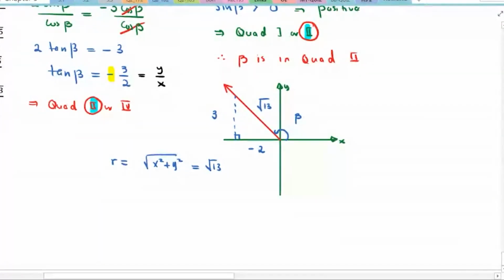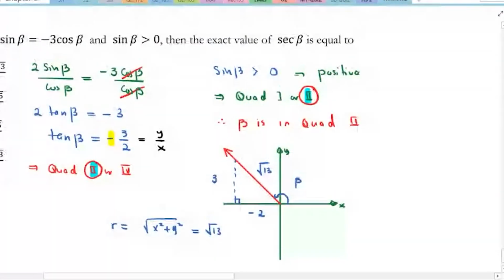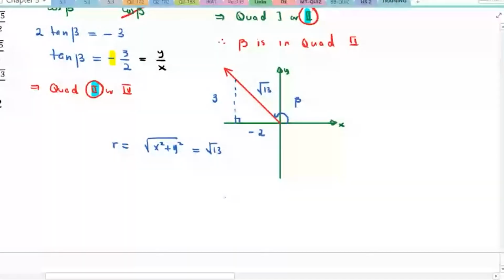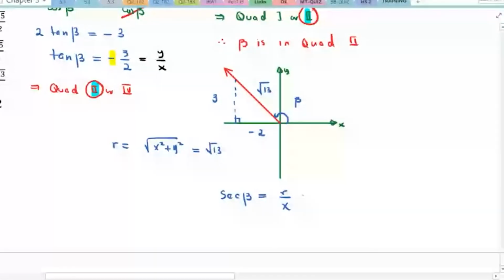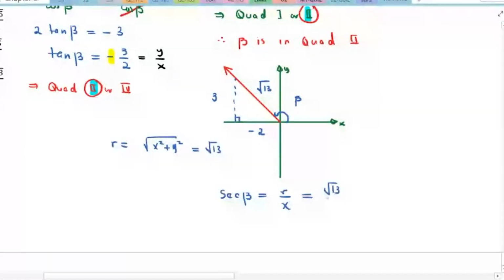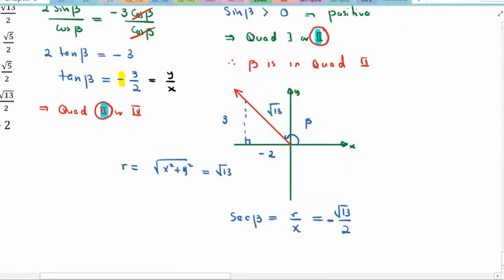Now the question is asking us to find secant of beta. So secant of beta is going to be equal to r divided by x. And r is root of 13, divided by x, and x is equal to minus 2. So let's put 2 here and the minus outside. So this is our answer.